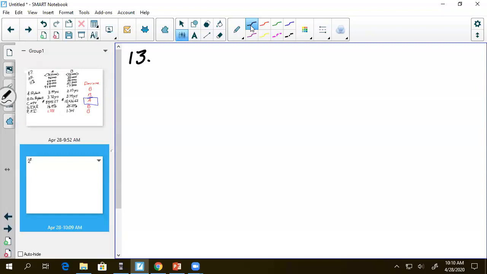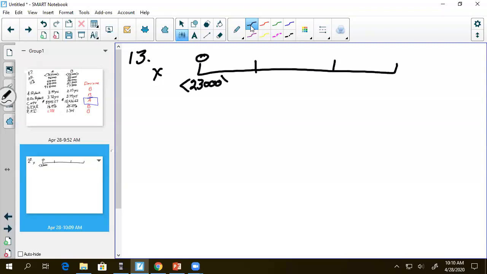So problem 13, we're talking about net present value. We've got two different projects here. Project X has three cash flows. It costs us $23,000 to get started.